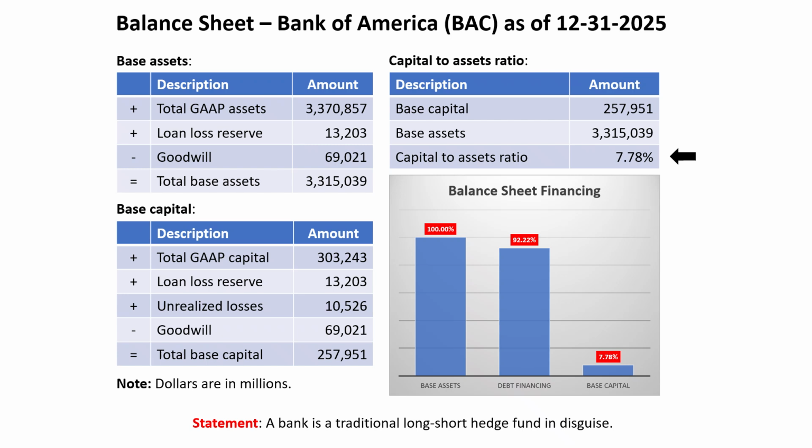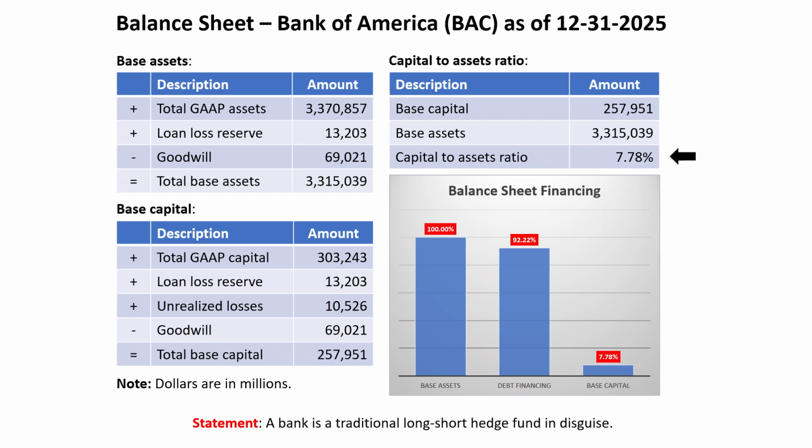Intel and AMD are in the same business, so in a sense, they're correlated. So if I think that Intel is going to perform better than AMD, I want to go long Intel shares and I want to short the AMD shares. Therefore, I'm hedged. And that's what a hedge fund does, a traditional long-short hedge fund.